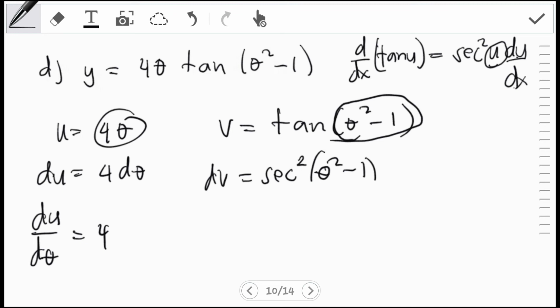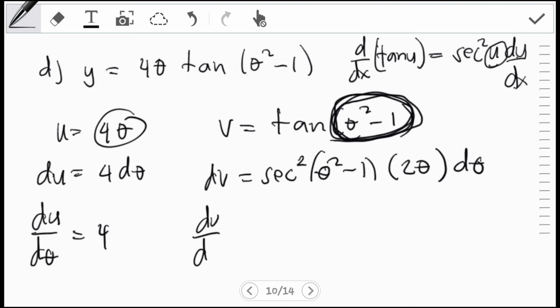So du over dx here, that is applying the chain rule, derivative of this theta squared, theta to the power 2 minus 1, that is 2 theta. Okay. Then d theta. So therefore, dv over d theta, that is equivalent of 2 theta secant squared theta squared, okay, minus 1.